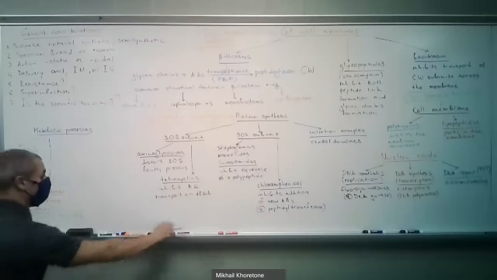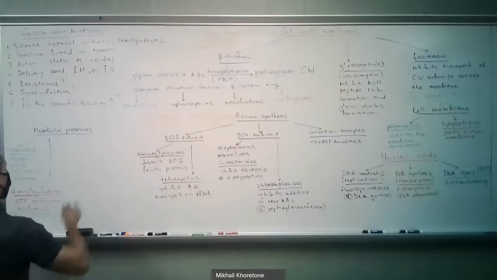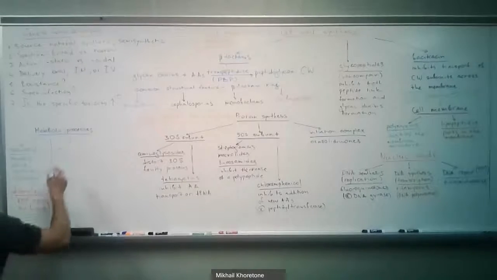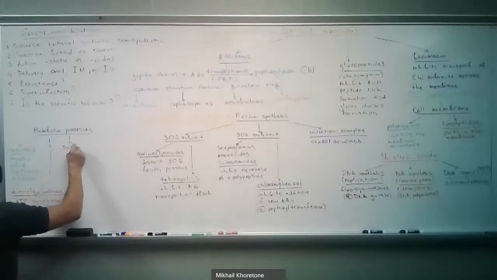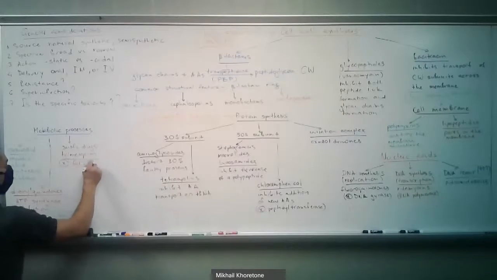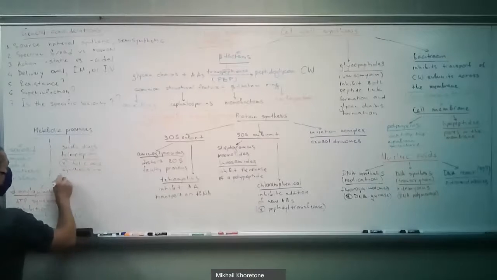And finally, this group here. There are two drugs in that group: sulfa drugs and trimethoprim. They inhibit folic acid synthesis, which results in the inhibition of nucleotide synthesis.